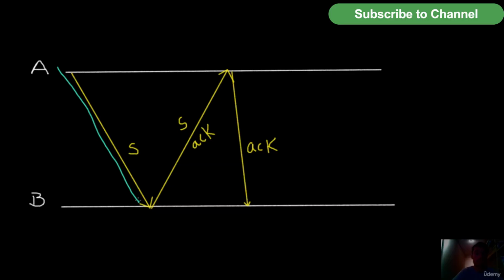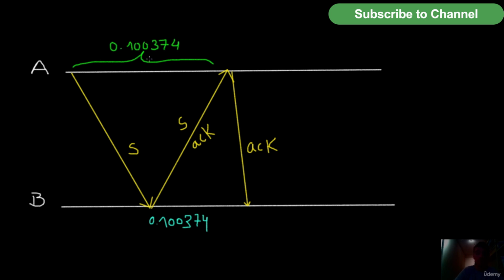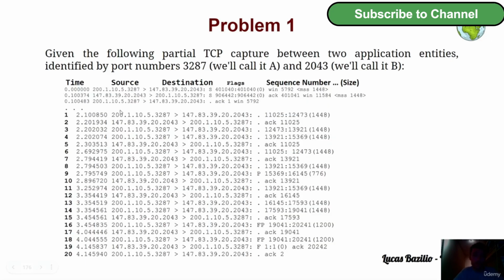With the first segment we send at time 0, and the second we send at this time 0.1 and the value, which is this value in here. Okay, this essentially means that this time is precisely the value of a round trip time. And the reason that this is the round trip time is, as we can see, if we analyze now the third packet, the time frame gives us 0.100483.